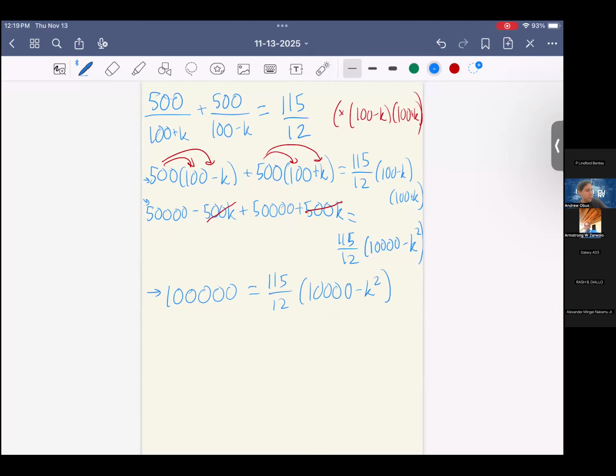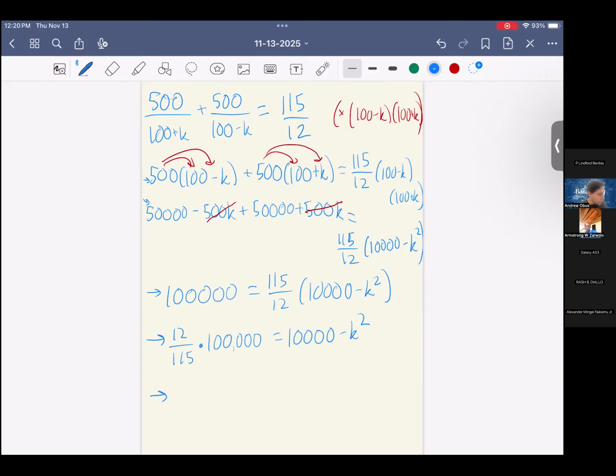Right. And then it will be easier to just multiply both sides by 12 over 115. So that's going to give you 12 over 115 times 100,000 equals 10,000 minus k squared.